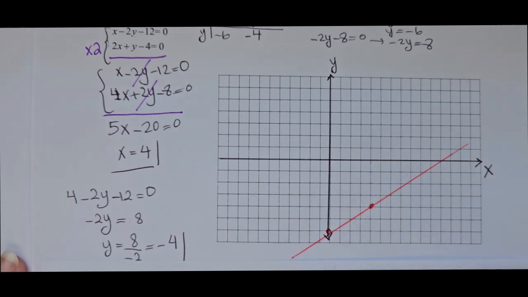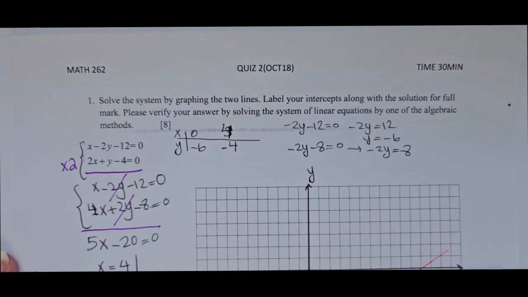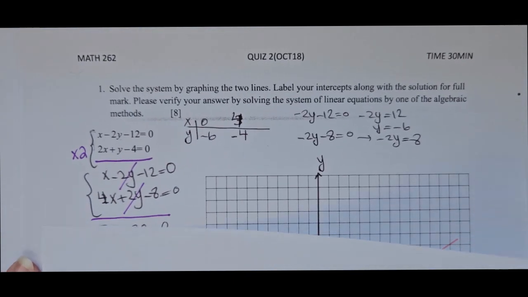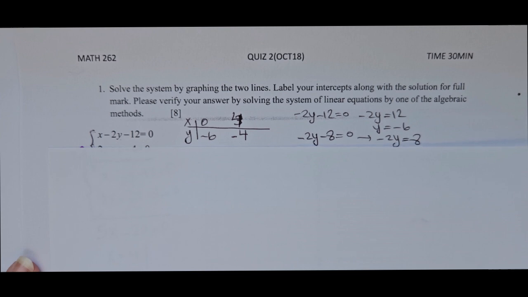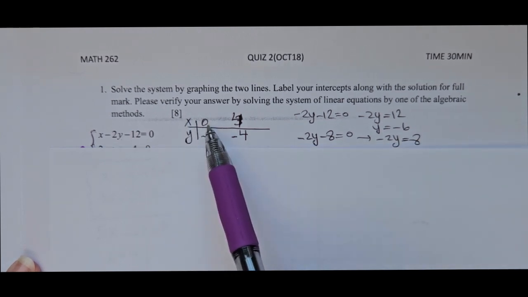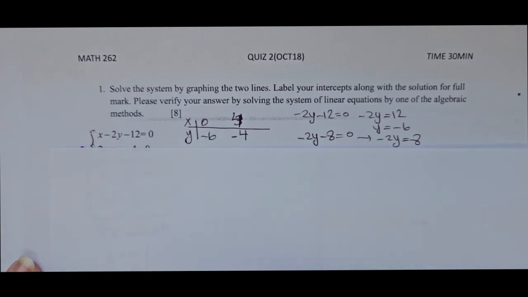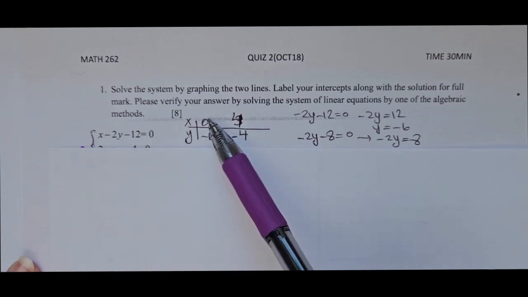Okay? Now, in order to graph it, we start by considering each line separately. For the first line, I have x and y. x is the independent variable, so I usually start by giving 0 or 1 or 2. Here I use 0.